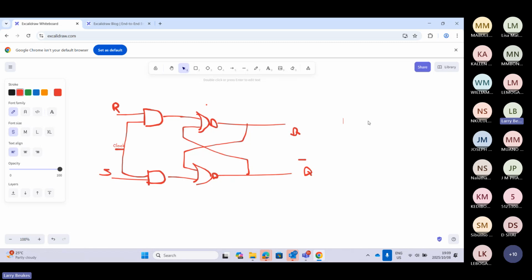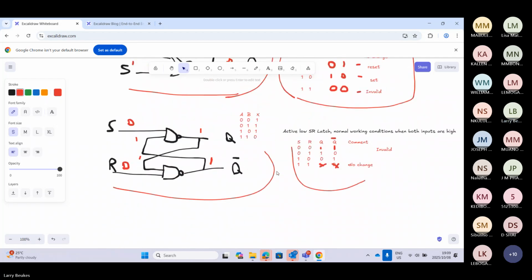And then in your truth table, this will be S, R, this will be Q, Q naught, then it will be comment. Then you can say 0, 0 will be a don't care case.